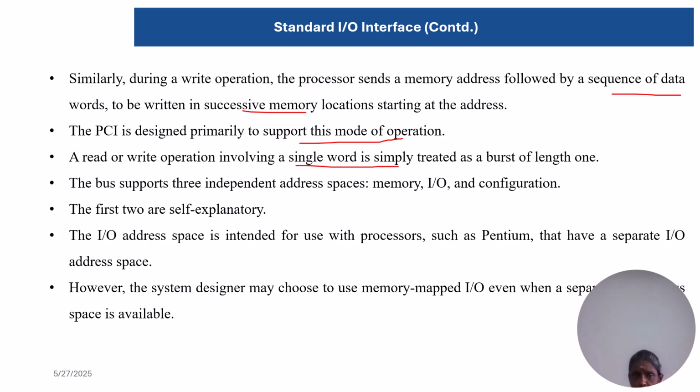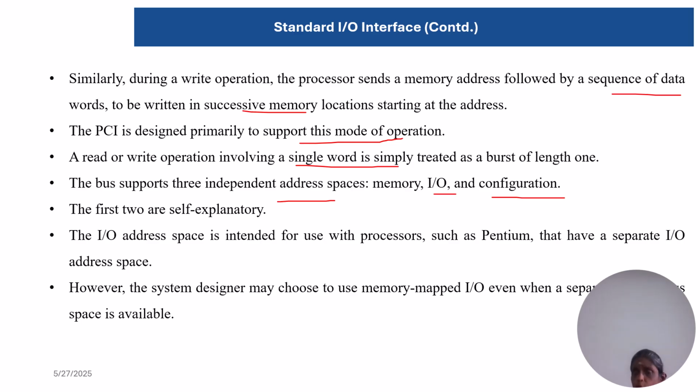The bus supports three independent address spaces: first, the memory address space, second, the IO address space, and third, the configuration address space. In the processor there are three address spaces.